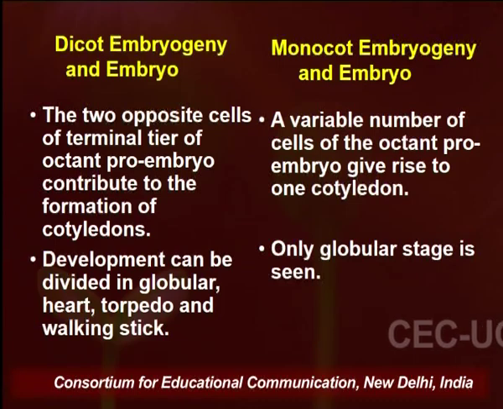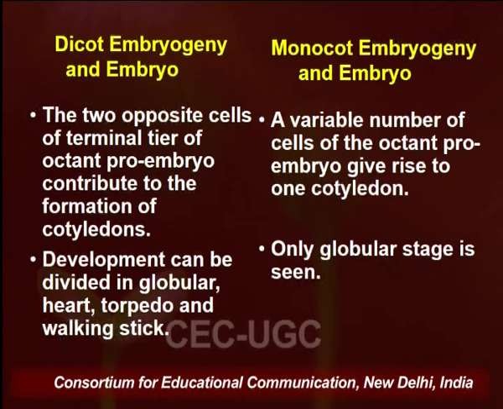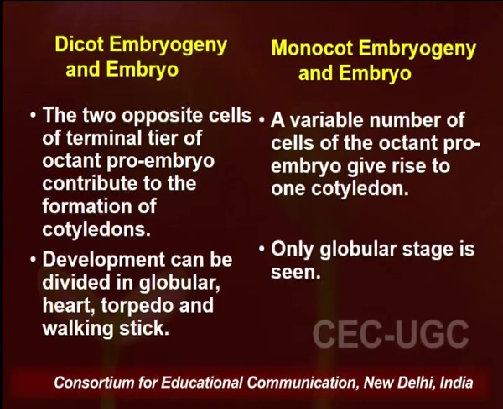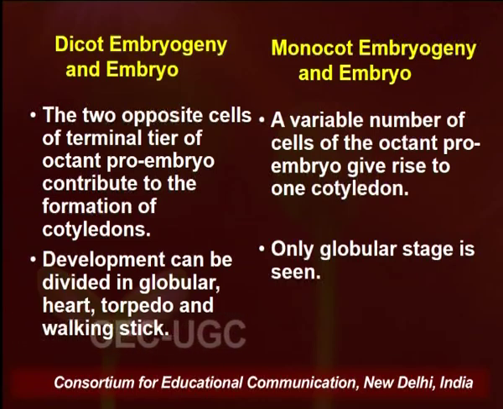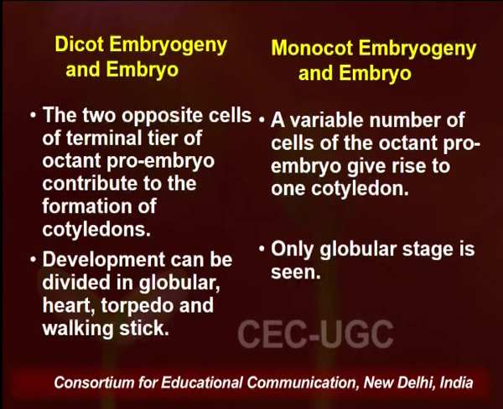Now, if we have to differentiate between dicot embryogeny and embryo and monocot embryogeny and embryo: in dicots, the two opposite cells of the terminal tier of the octant proembryo contribute to the formation of cotyledons.